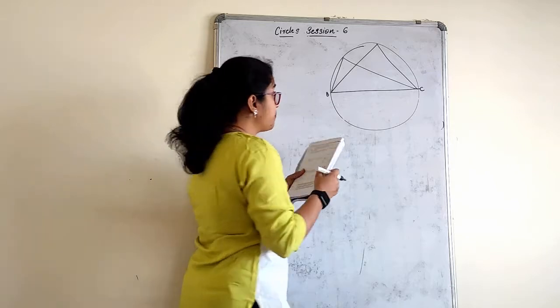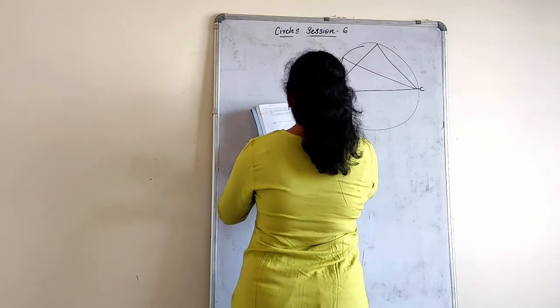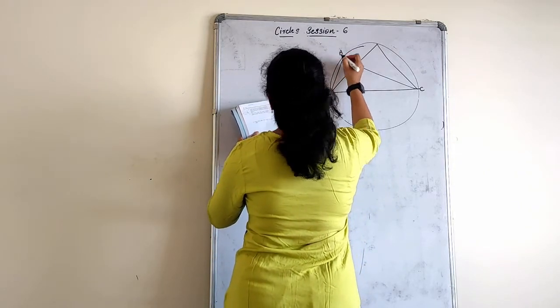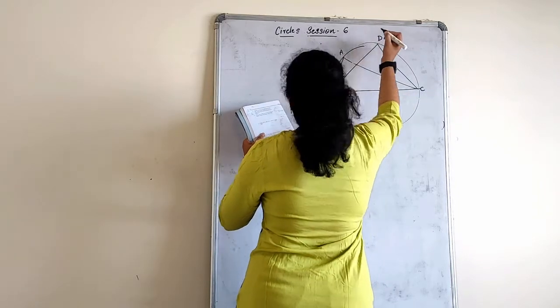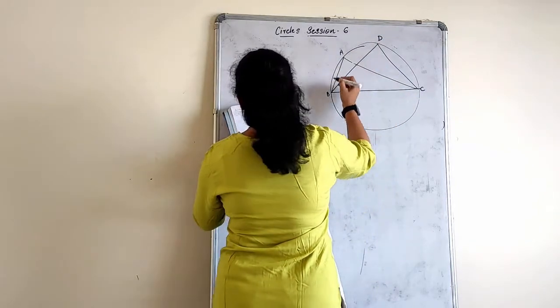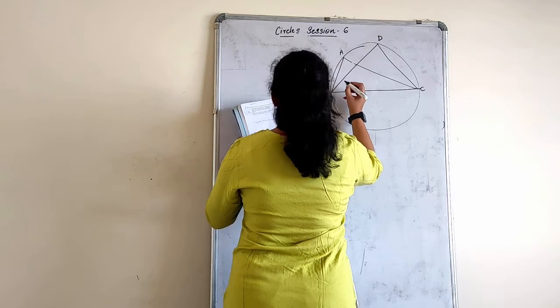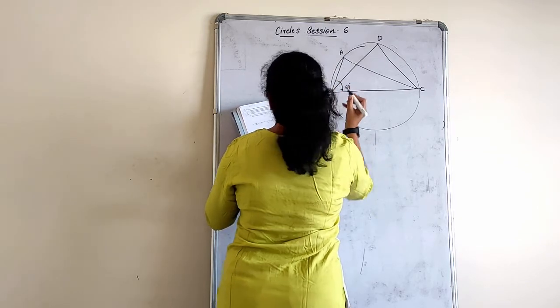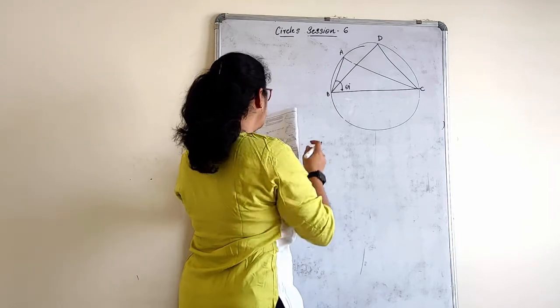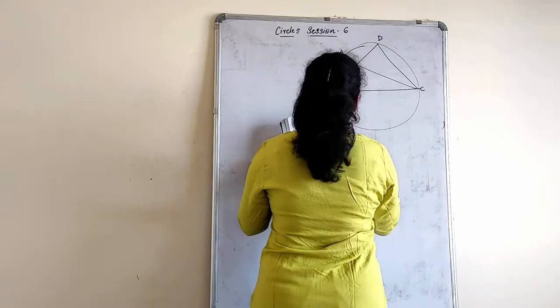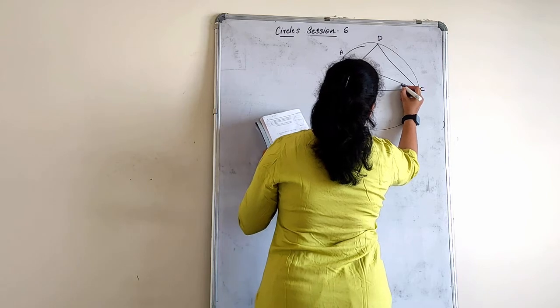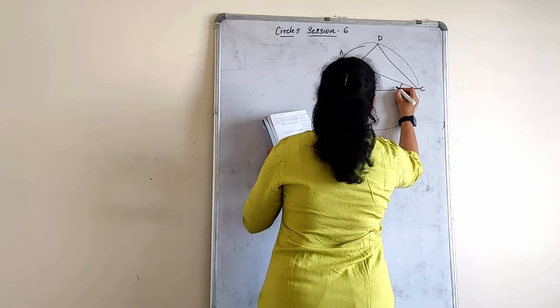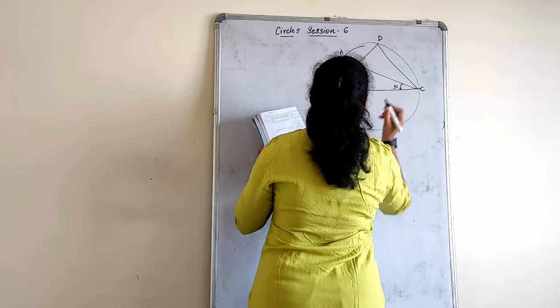Please remember this. Given here, angle ABC, first let me mark ABC and this is D. Angle ABC is 69. This whole is 69. Okay, and angle ACB, only this part, small angle is 31.